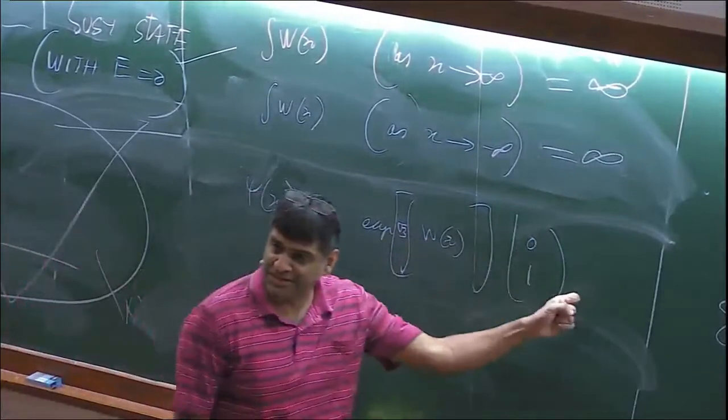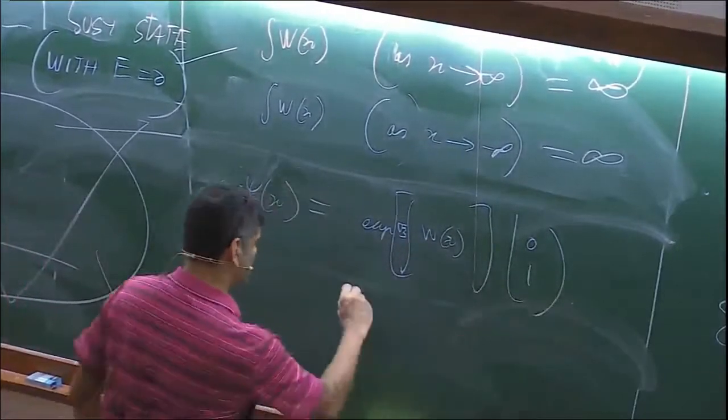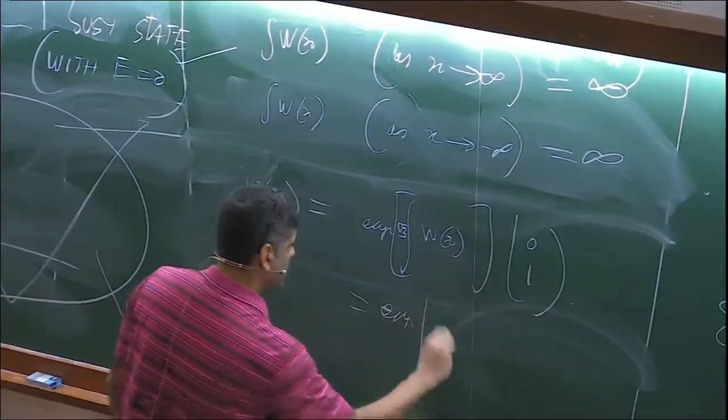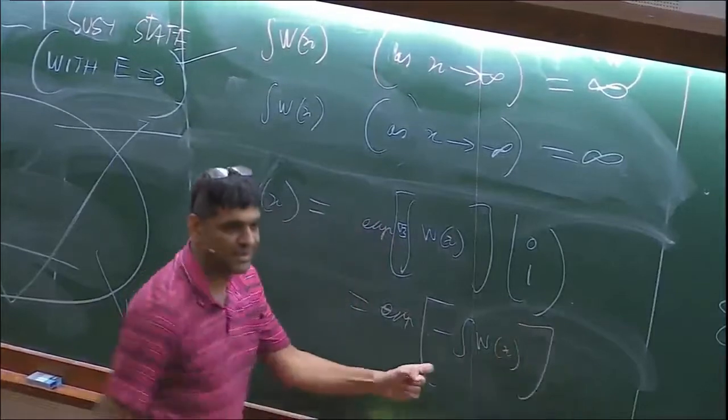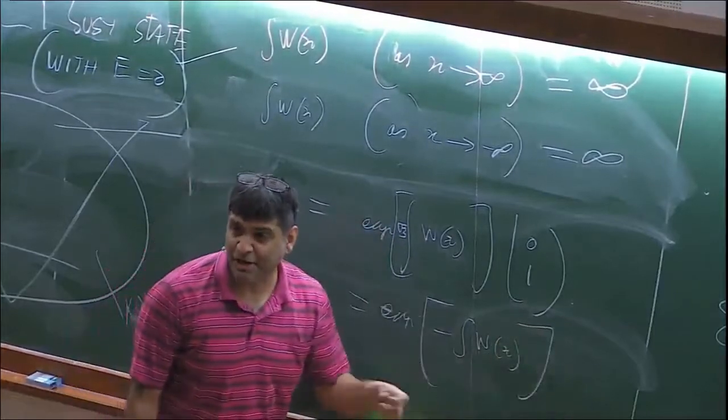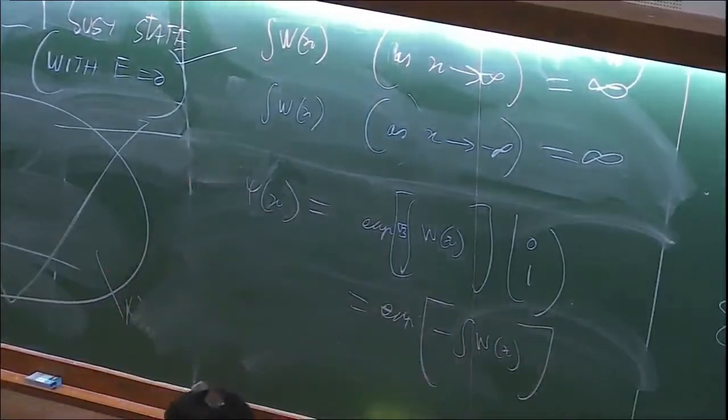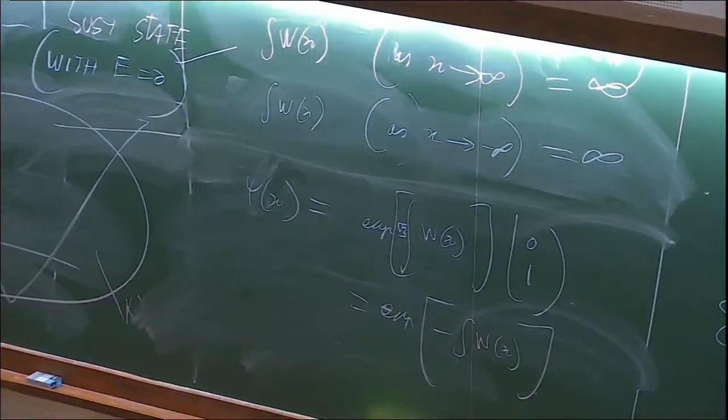But sigma 3 acting on (0, 1) is minus 1, so this is the exponential of minus the integral of w of x. This is the exponential of minus a function that grows to both positive and negative infinity. Therefore the function decays at both large positive and negative x, and therefore is square integrable. At least if it decays fast enough, I'm assuming.